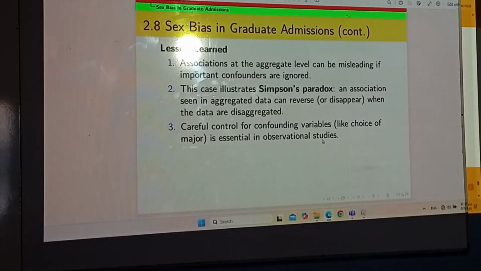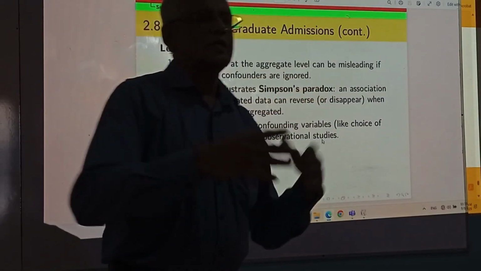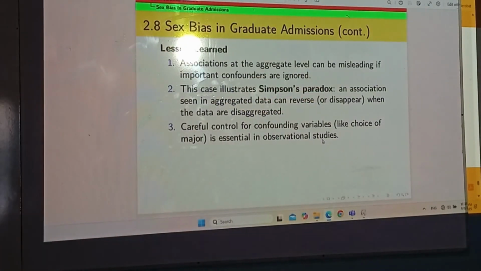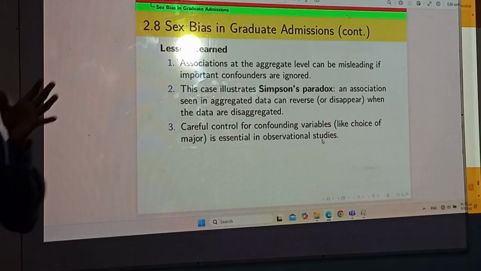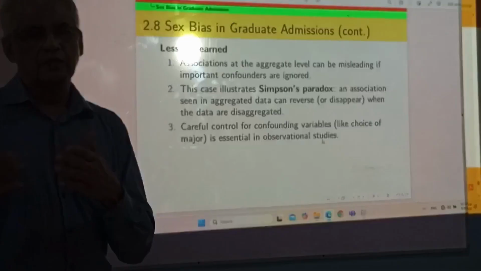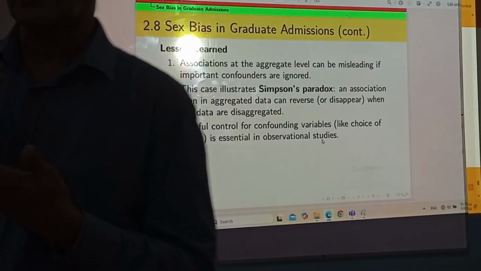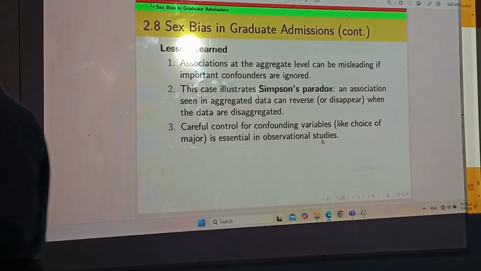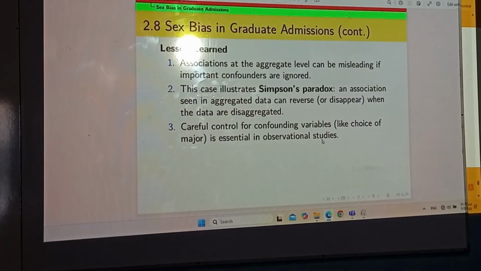So this earlier observation and this result together is called Simpson's paradox. Directly we see some association, but if you do it by strata, then you will see a completely different picture. So that's called Simpson's paradox. So we need careful control for confounding variables.